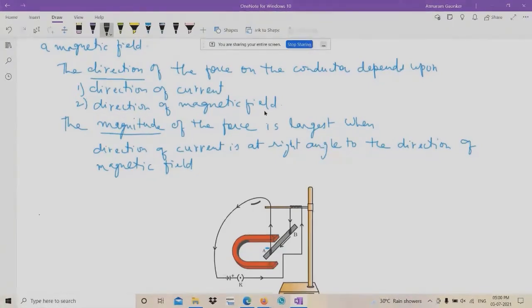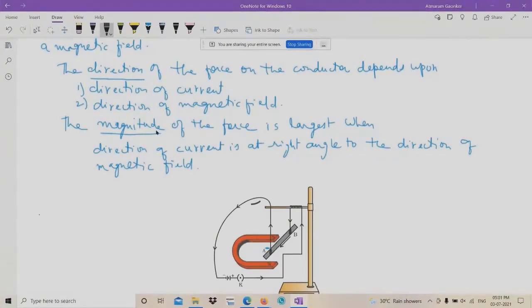And what is the magnitude? Now we have to decide two things of the force. One is the direction of the force and another one is the magnitude of the force. Magnitude meaning how strong the force is or how weak it is. So direction is decided by these 2 points, and magnitude is maximum when the current direction and magnetic field direction are at 90 degrees with each other.